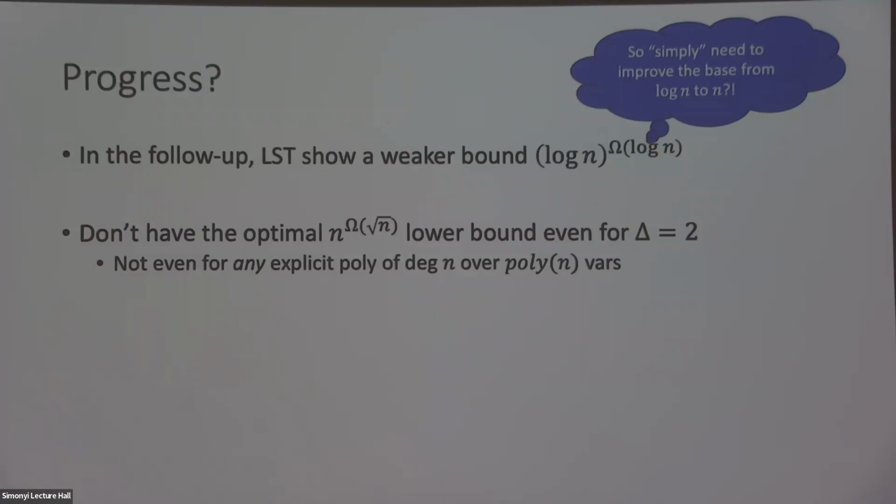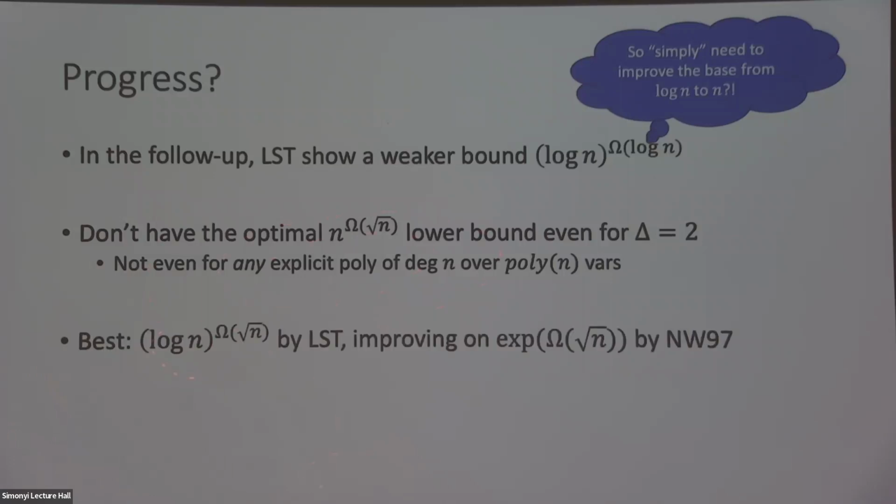Even for other hard polynomials, we did not know these truly optimal lower bounds. LST got n to the root n for depth 2, again for the IMM. It's a very interesting question to get n to the root n, even if you're not doing it for general formulas, even for depth 2 formulas. Can you get the best possible you could get for IMM, which is n to the root n? And we don't know how to do it today.